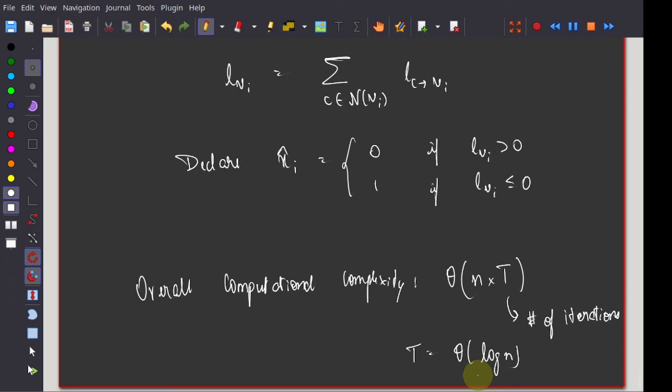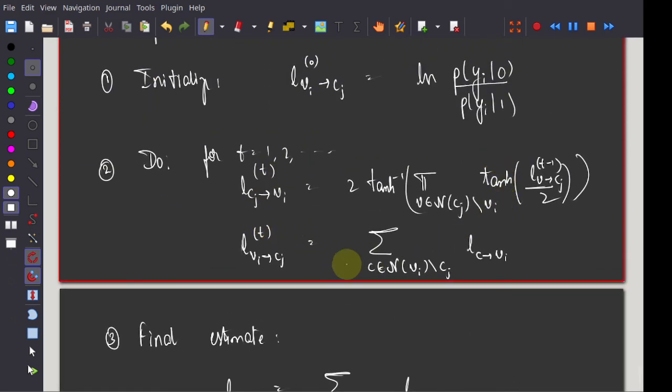For example, if you see that from the previous iteration to the next iteration the messages have not changed much, then you don't need to run any further. You just stop and then find your final estimate. And then there are, of course, a number of other numerical improvements that you can make to improve complexity and so on.